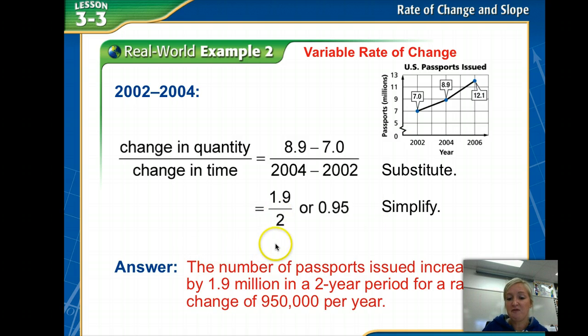Well, it means that the number of passports issued increased by 1.9 million in a 2-year period for a rate of change of 950,000 per year. Our answer was 0.95, but remember it says right here that 0.95 is represented in millions. So 0.95 translated to 950,000 passports per year over that 2-year period.